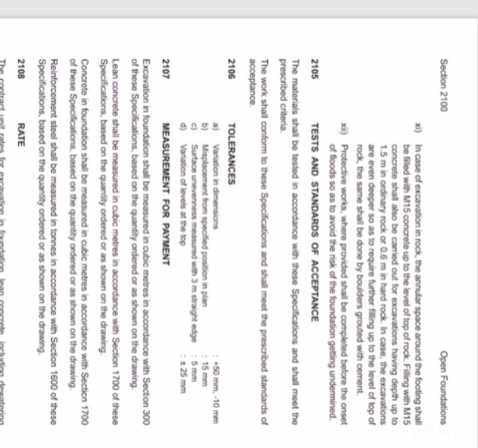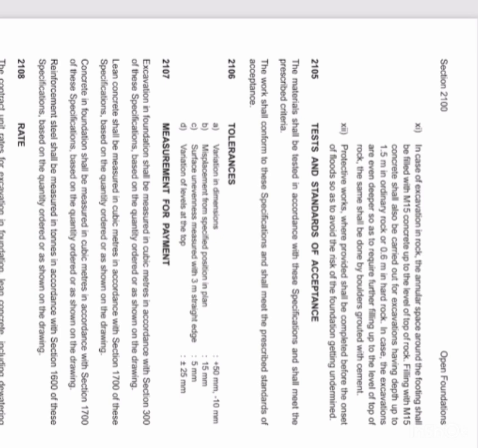Test and standards of acceptance. The material shall be tested in accordance with these specifications and shall meet the prescribed criteria. The work shall conform to these specifications and shall meet the prescribed standards of acceptance. Tolerance.